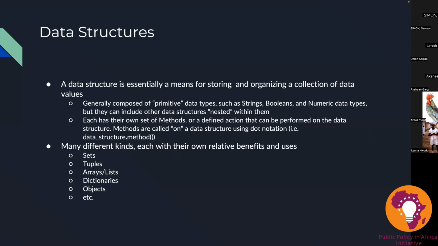So what are data structures? A quick recap. Data structures are essentially a means for storing and organizing a collection of data values. What are some data structures that we've already learned about? Who remembers from the last 2 weeks? You can unmute yourself and speak.